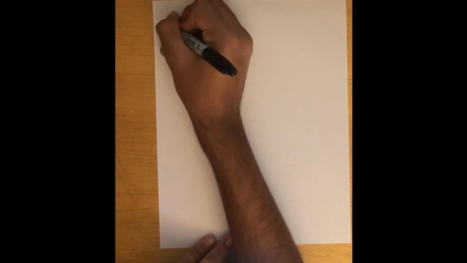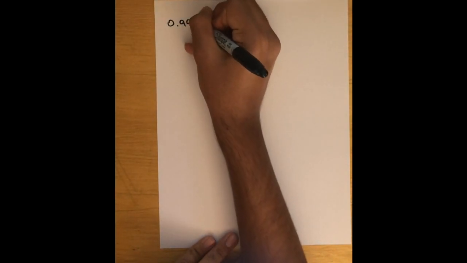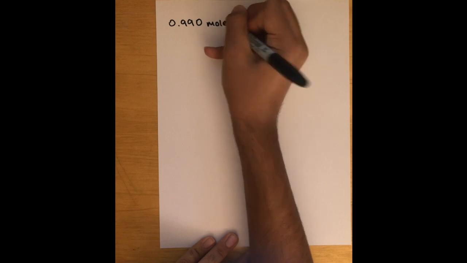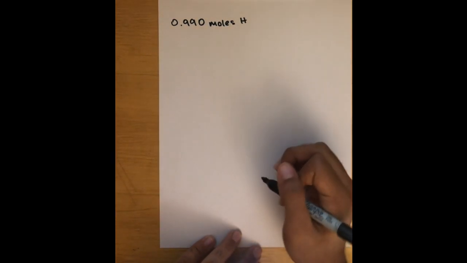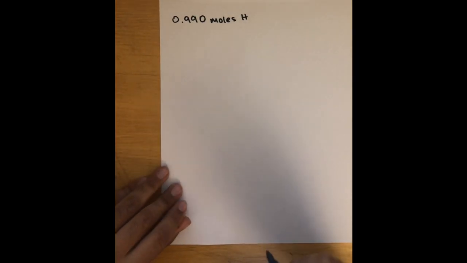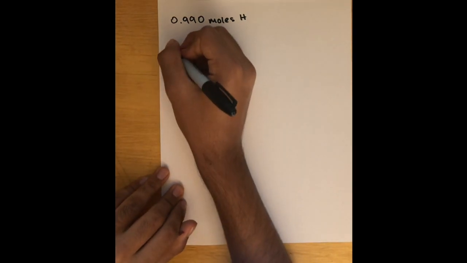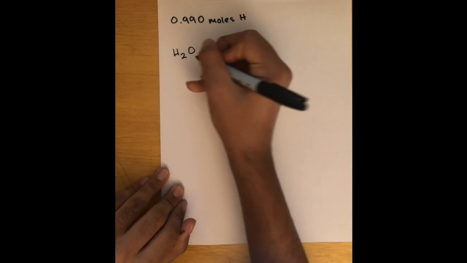So to figure this out, let's first use our mole ratio. So we have 0.990 moles of hydrogen. Now, we know that water has a chemical formula of H2O.